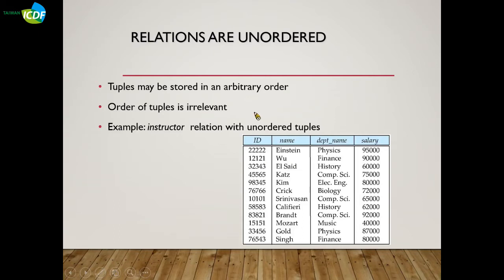That is, we don't have to be concerned about whether the data is stored in ascending or descending order. We can look at this instructor relation. It can be found that all the instructors are stored without any order.